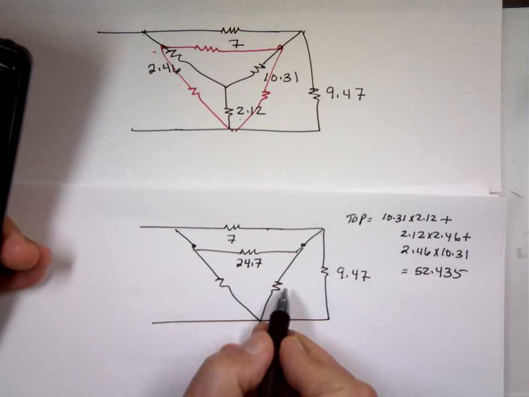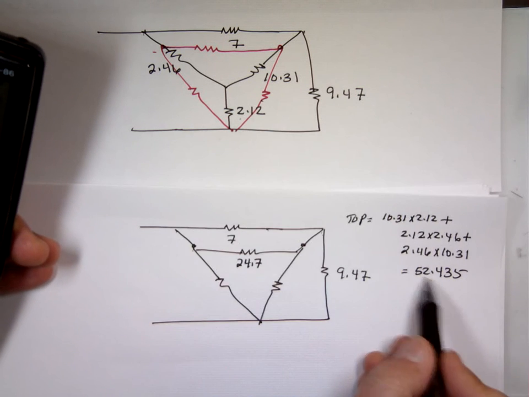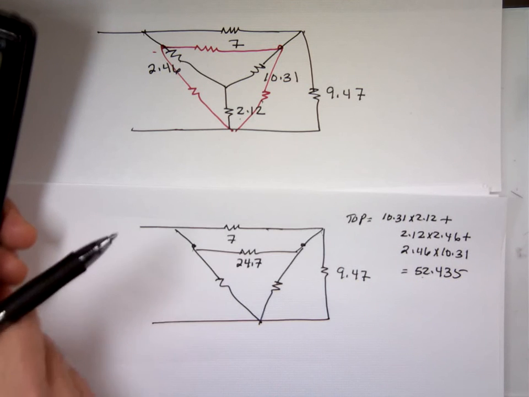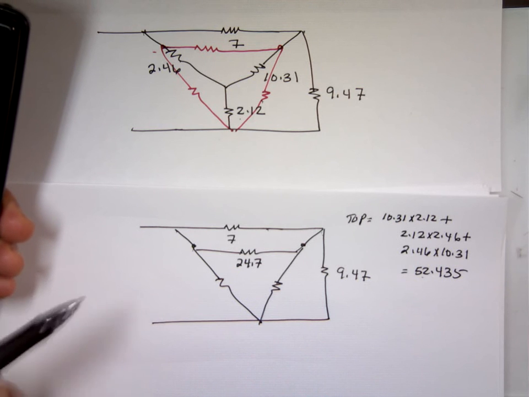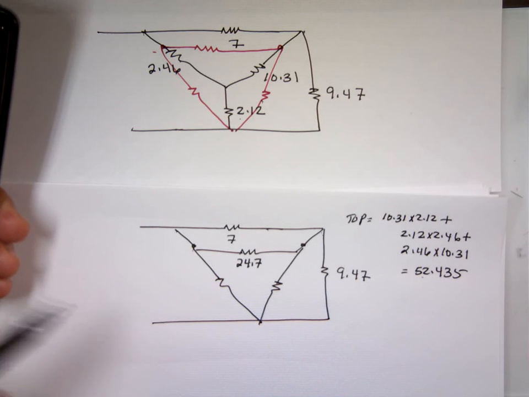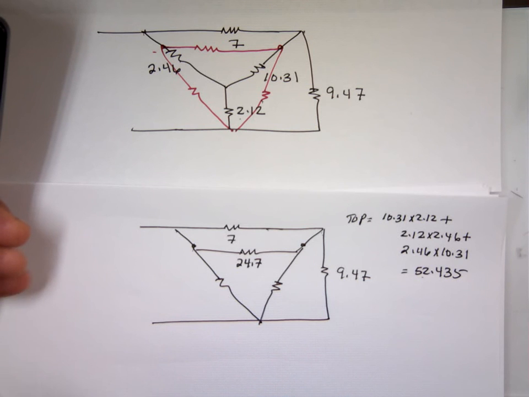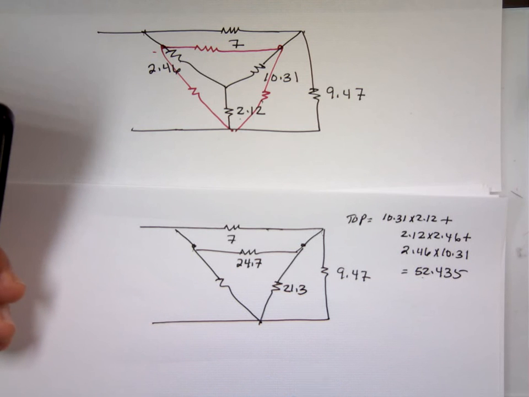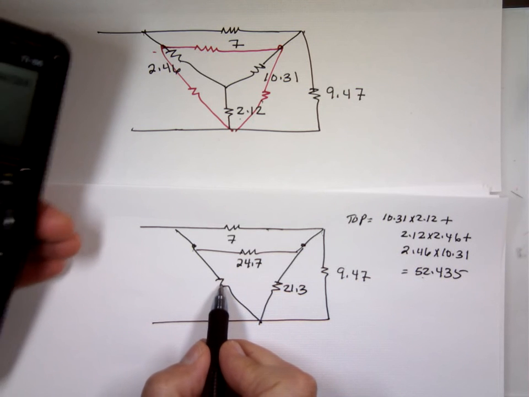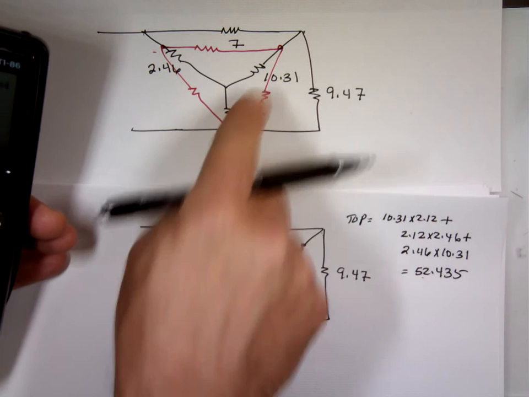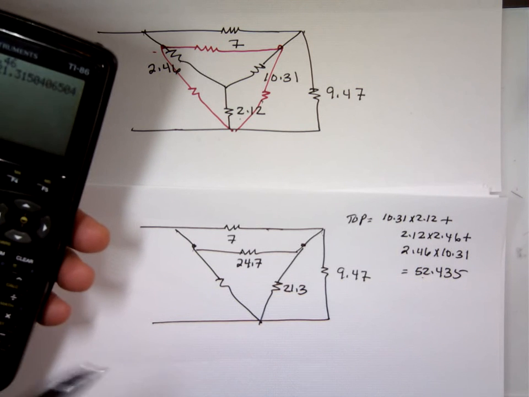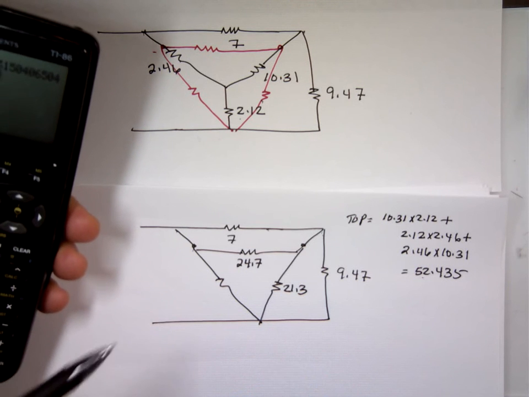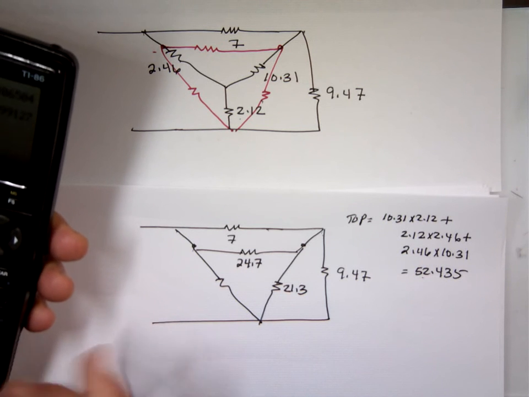This resistor here is going to be the sum here divided by that resistor, 2.46. 21.3. And this resistor is going to be what? Divided by 10.31. Yep, 52.435 divided by 10.31. 5.1.